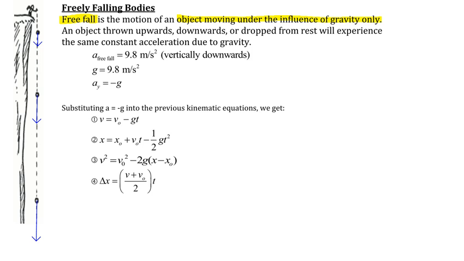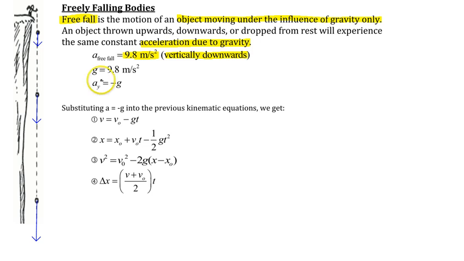The constant acceleration of a freely falling body is called the acceleration due to gravity. And at or near the surface of the Earth, its value is 9.8 meters per second squared, and the direction is vertically downwards.